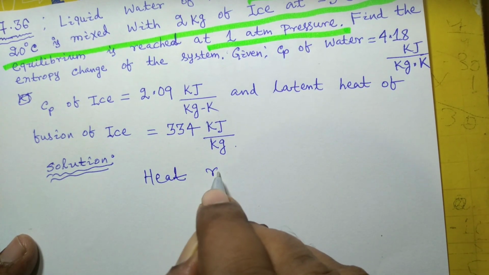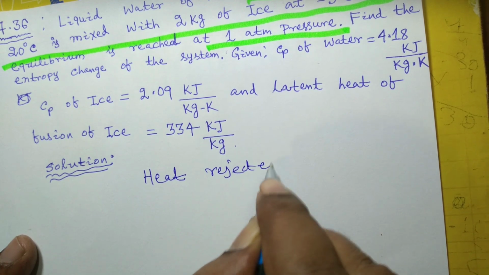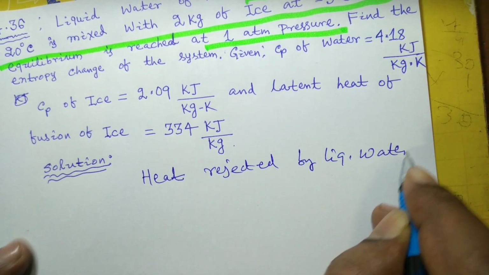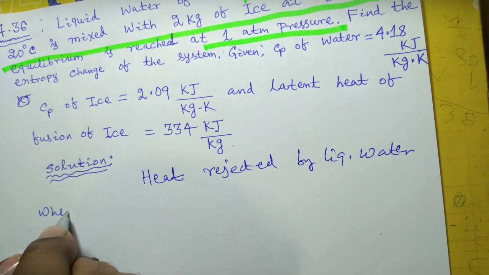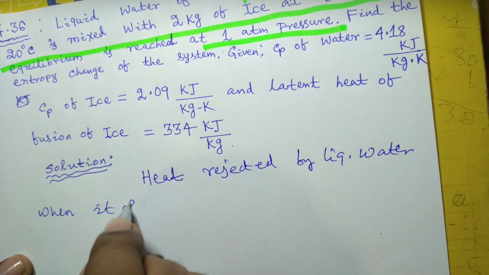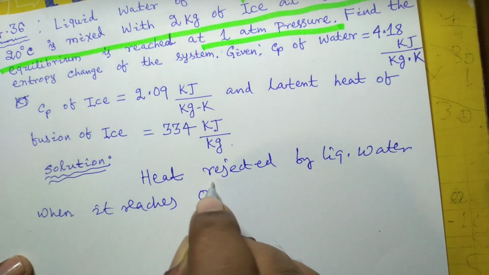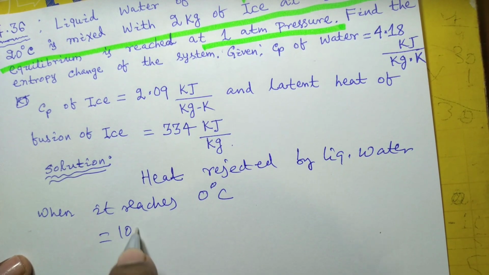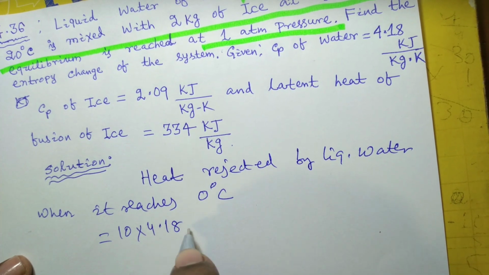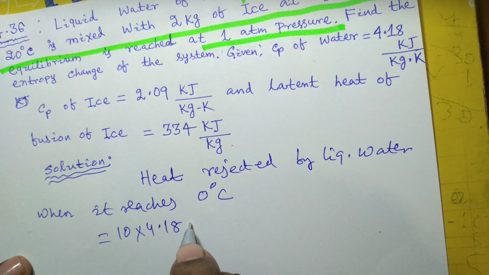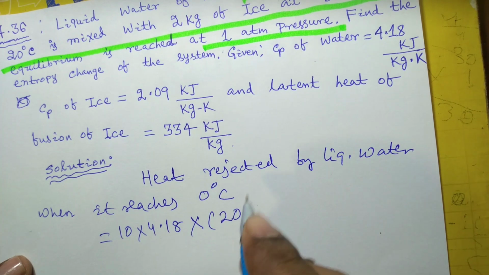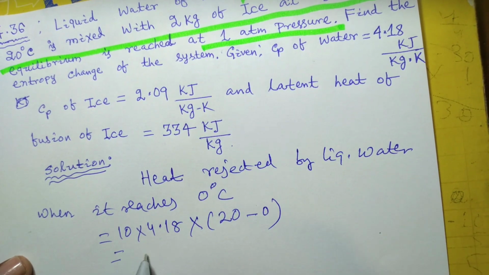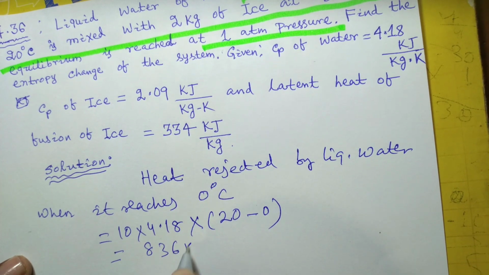So first we know the heat rejected by liquid water when it reaches 0 degrees Celsius. 0 degrees Celsius means it is in the liquid state. So that heat is 10 into 4.18, because the specific heat of water is 4.18, into 20, because the initial temperature is 20 degrees Celsius. So 20 minus 0, that is 836 kilojoule.